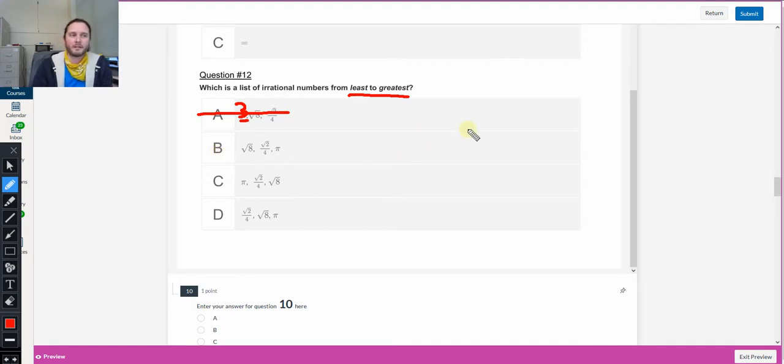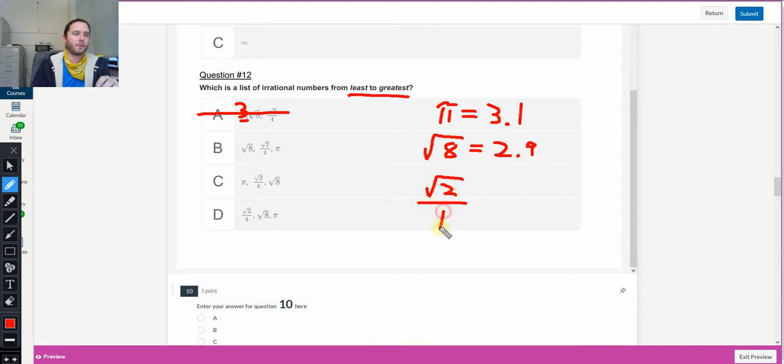B, same thing, we kind of already talked about it. Pi, we already said that's maybe like about 3.1, something like that. And then we've got the square root of 8, which we don't know exactly, but we can guess it's probably like 2.9. It's really close to 3, but not yet. And then we've got the square root of 2 over 4.